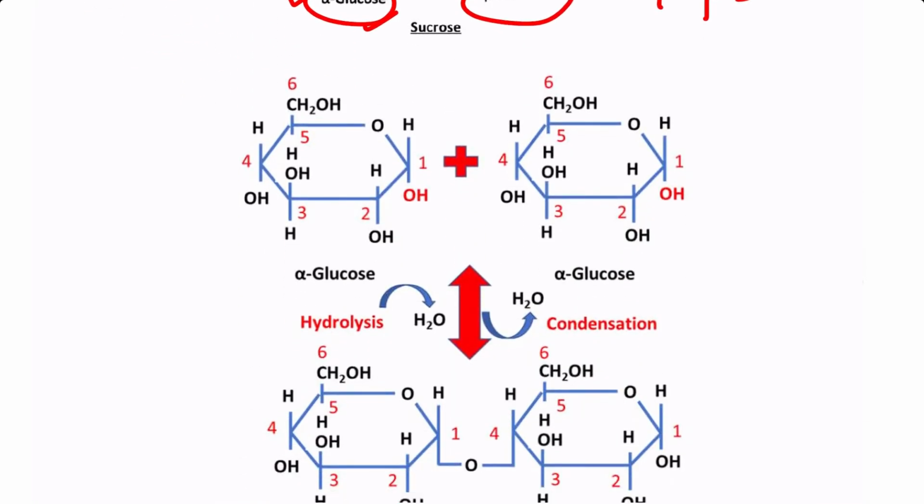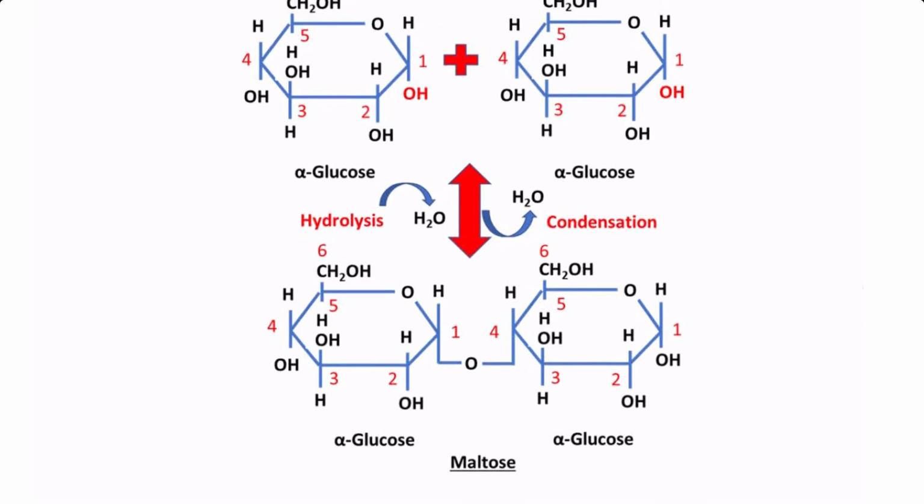Now disaccharides form when 2 monosaccharides undergo a dehydration reaction, or loss of water, called a condensation reaction. Similarly, 2 monosaccharides form when a disaccharide undergoes rehydration, that is addition of water, called a hydrolysis reaction.